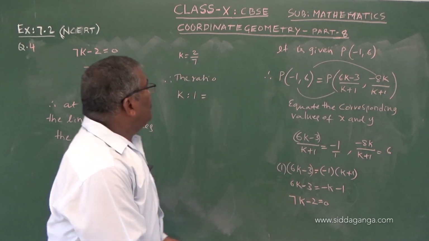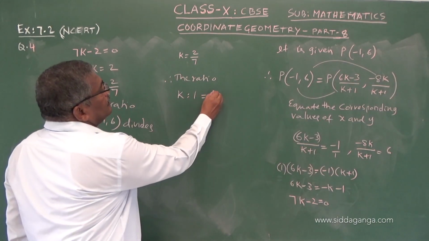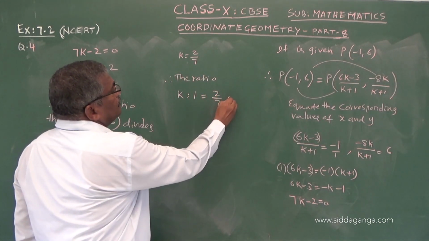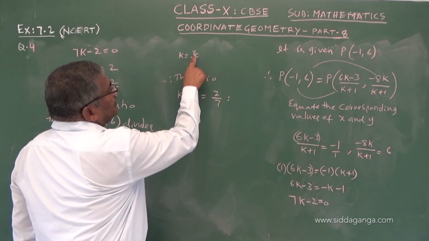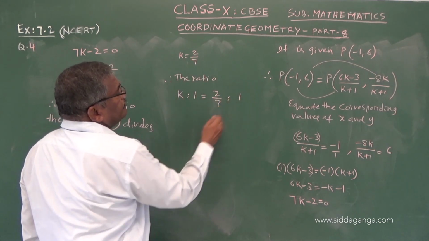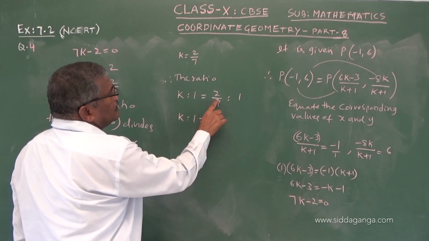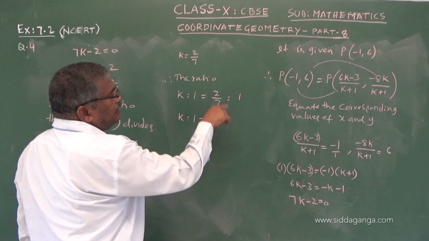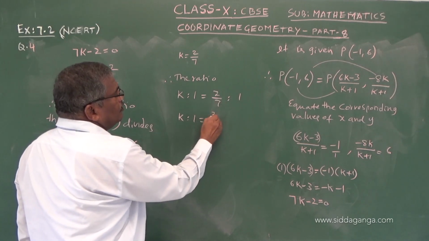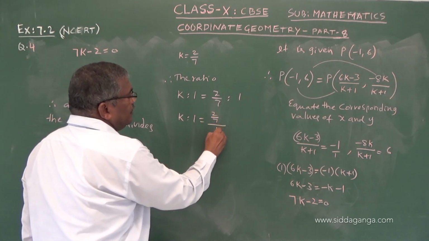We have taken k is to 1, which is 2 by 7 is to 1. I will write it in the fraction form, 2 by 7 divided by 1.